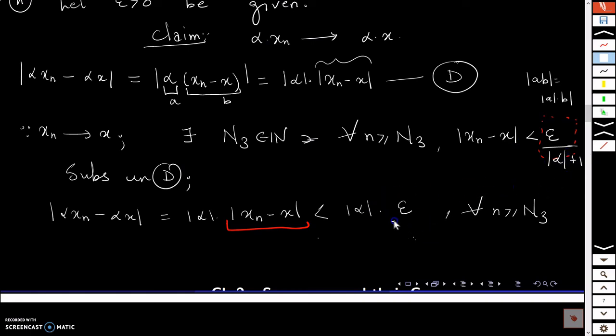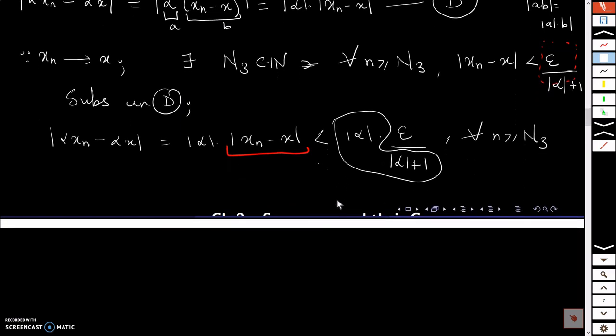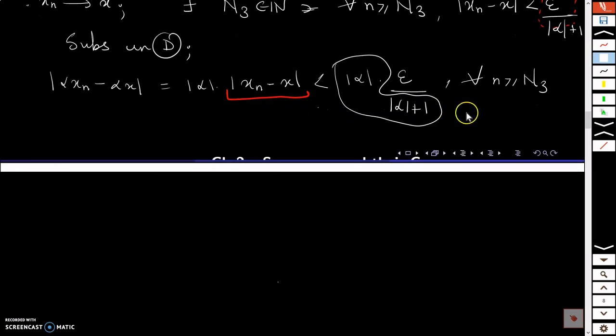So I will divide by this. But am I able to get rid of this now? What will you do with this quantity? That is less than or equal to 1. Can you see that? See, mod alpha is strictly less than mod alpha plus 1.